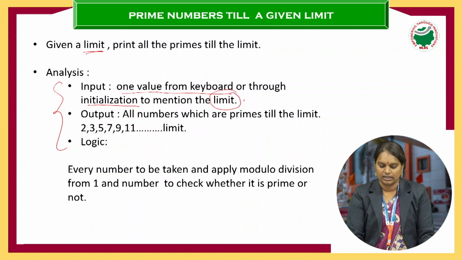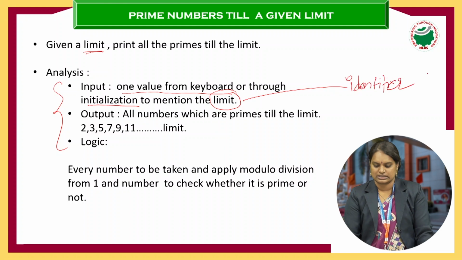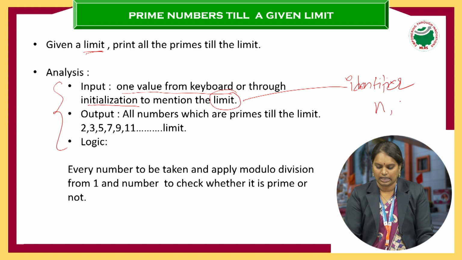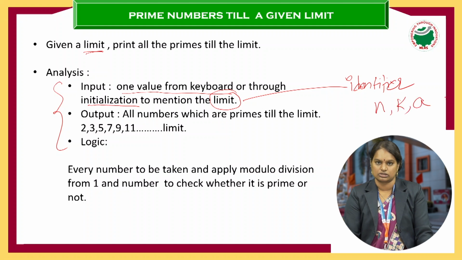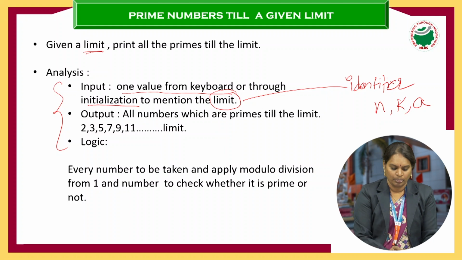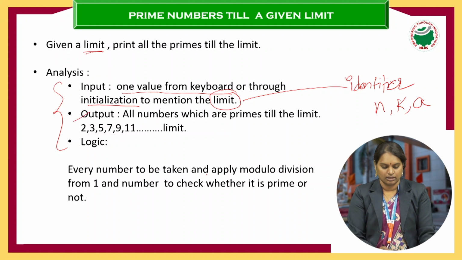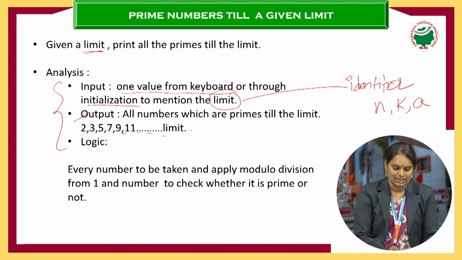That means the identifier name I have given is limit. I could even name it N, K, A or something else, but for better understanding I have named it limit. The outputs to be printed are 2, 3, and so on, all the prime numbers. Let's see the logic.